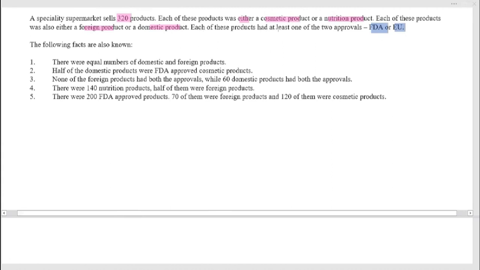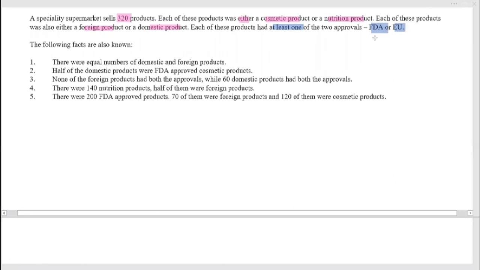Each of these products had at least one of the two approvals. That means both of them can appear also. So basically, if I imagine it as a four-set Venn, then we will be able to draw it perfectly. So I will take up a four-set Venn diagram, and from that we will solve.